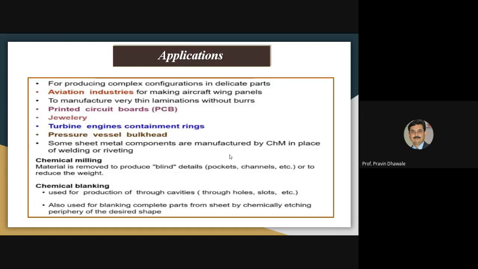So chemical machining has specific applications related to chemical milling and chemical blanking. And there are certain areas where it is used widely, like aviation, printed circuit boards, jewelry, pressure vessels, bulkheads, etc. So that's all about the applications of chemical machining.